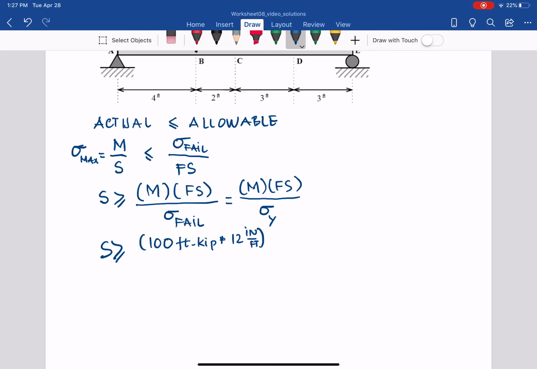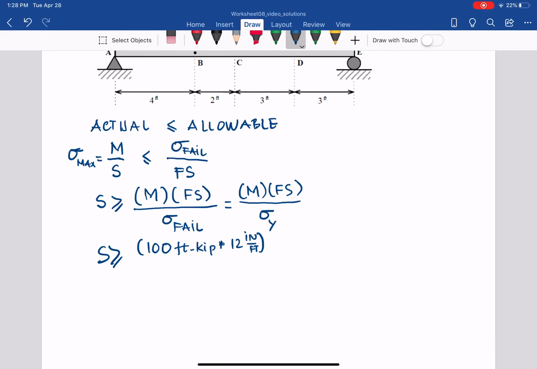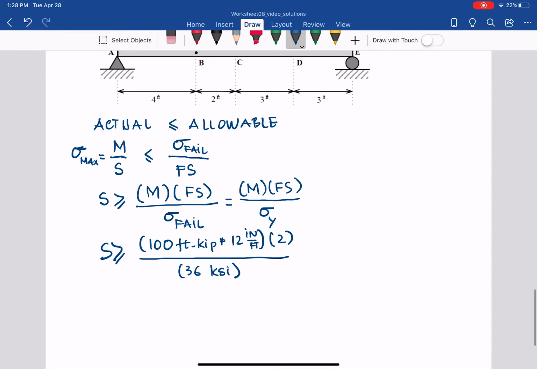Then we multiply by the factor of safety, which equals 2. Sigma fail equals the yielding stress, 36 ksi. Units are very important here. We need to make sure we do it correctly. All here is inches, so feet have to be changed to inches. Every number is good. We have S, the section modulus, equal to 66.67 inches. Recall it is I over C, inches to the fourth divided by C in inches, so it will be in cubed.